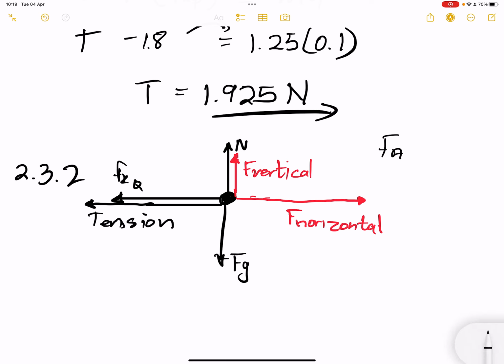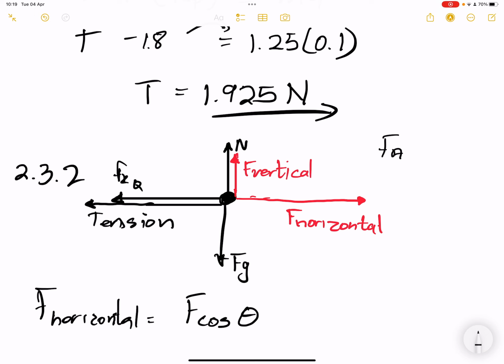Now, let's have a quick look at it. How do I find the horizontal component? It would be the original force F multiplied by the cos of the angle theta. Now remember, force F was here, right? So the angle is here.